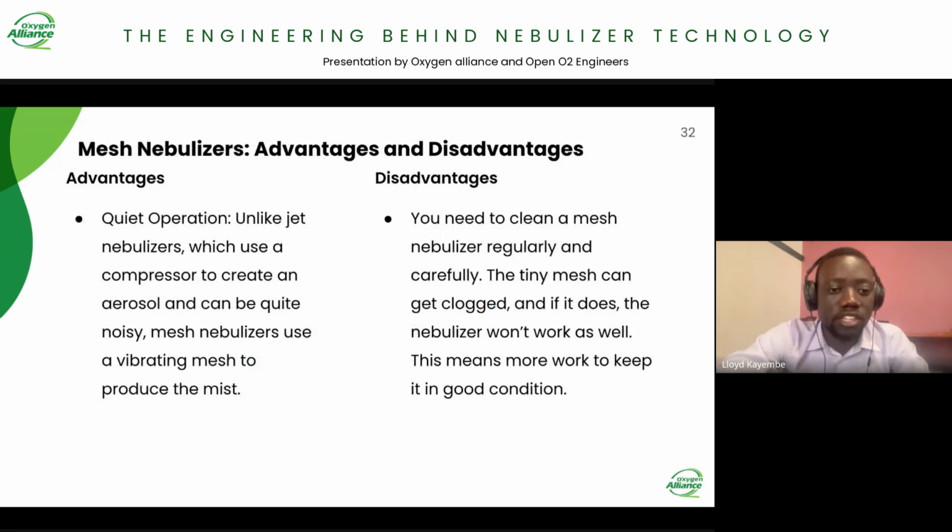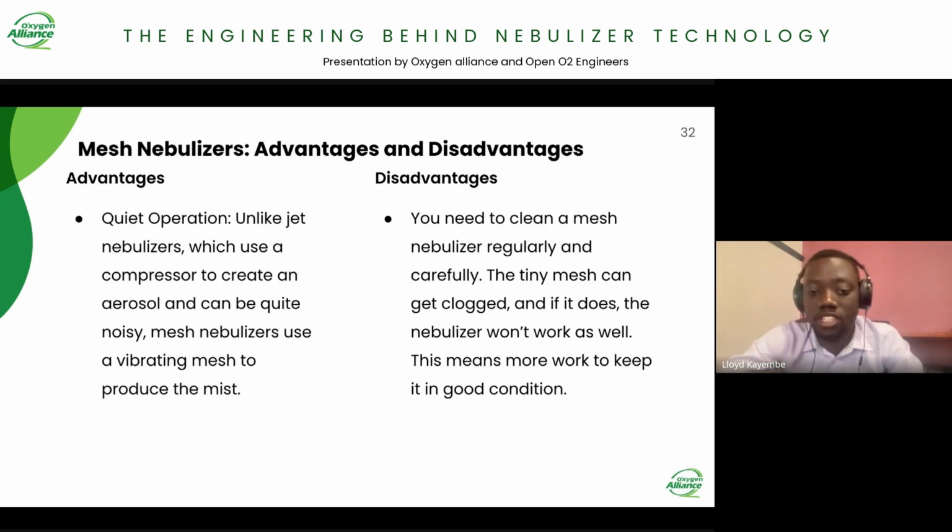So just to explore the advantages and disadvantages. On the advantage side, they are quiet in operation, because they don't use a compressor, they are not loud.